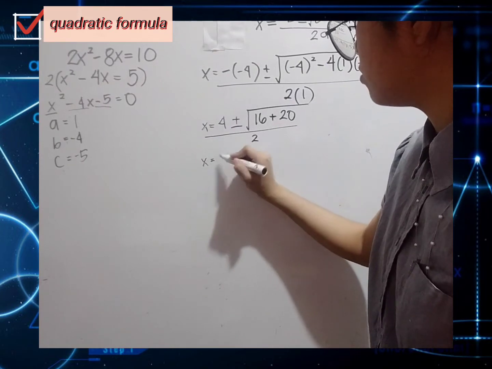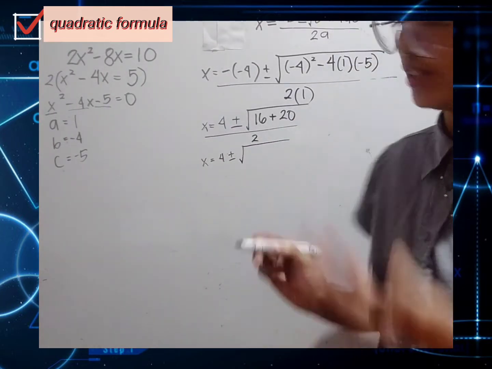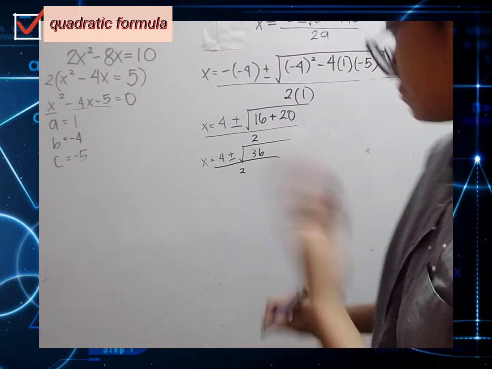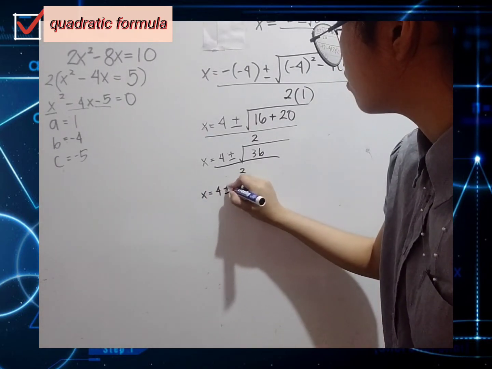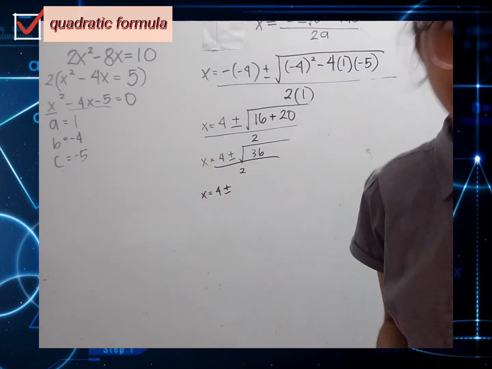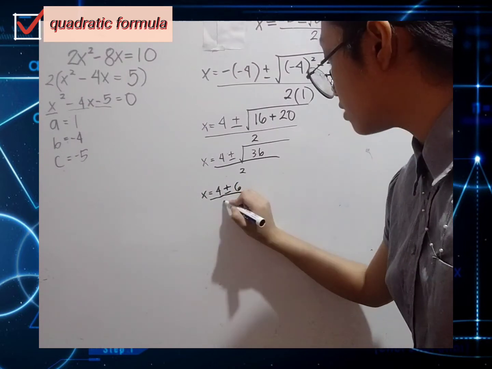x equals 4 plus or minus the square root of 16 plus 20, which is 36, all over 2. x equals 4 plus or minus the square root of 36. Since it is a perfect square number, it is 6, all over 2.